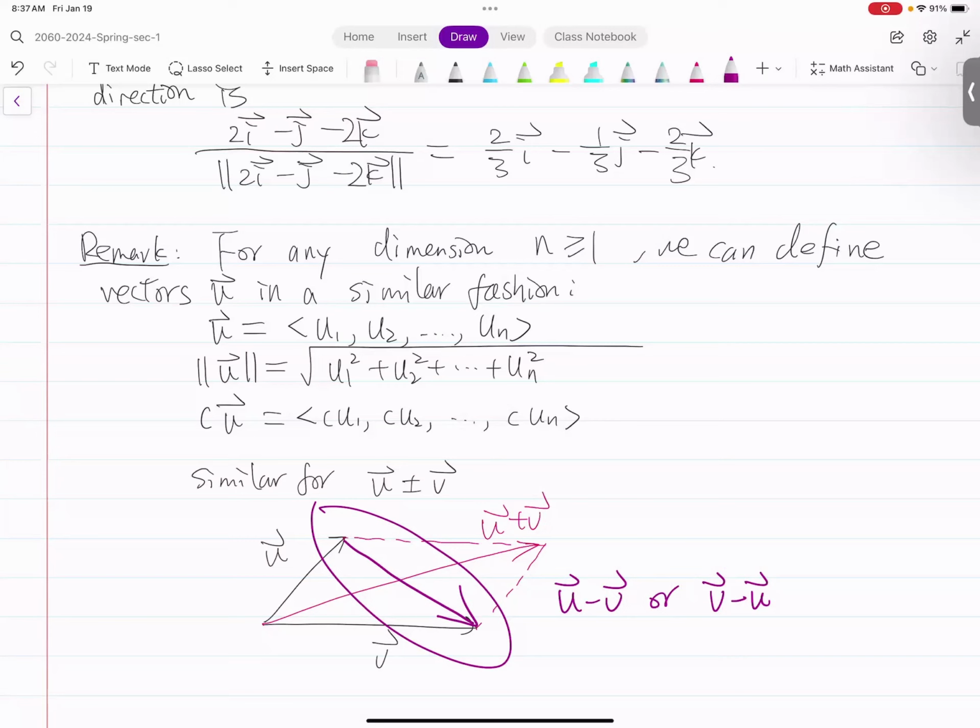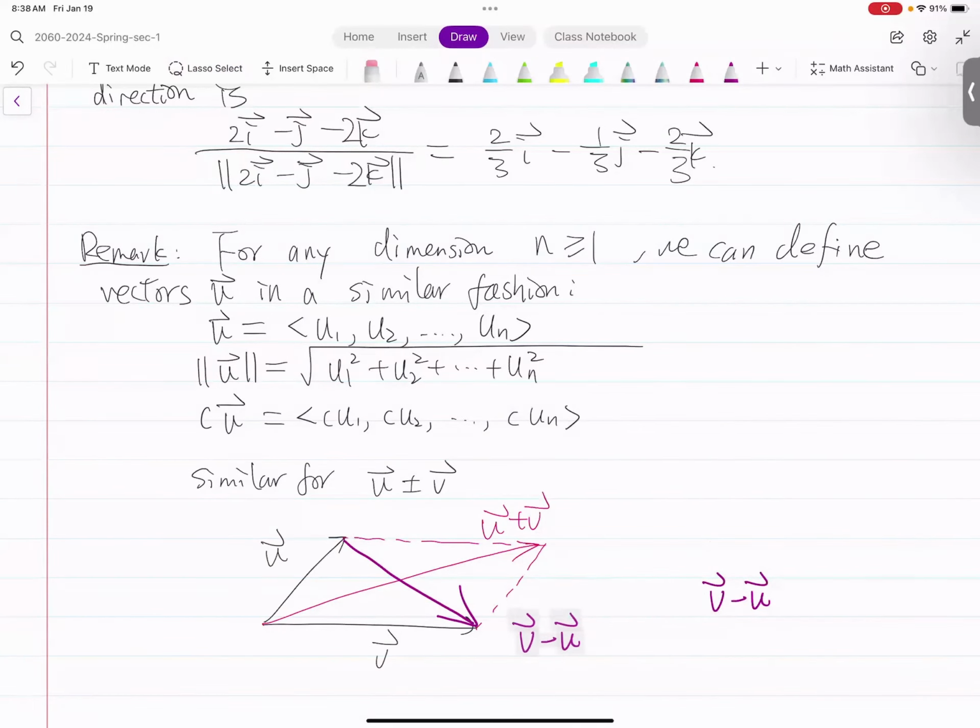So if you think about the vector difference, it's always the head minus the tail. Now the head is at v, right? The head of this vector that we are looking at is the same as the vector v. So it should be v minus u, and u minus v is the opposite.